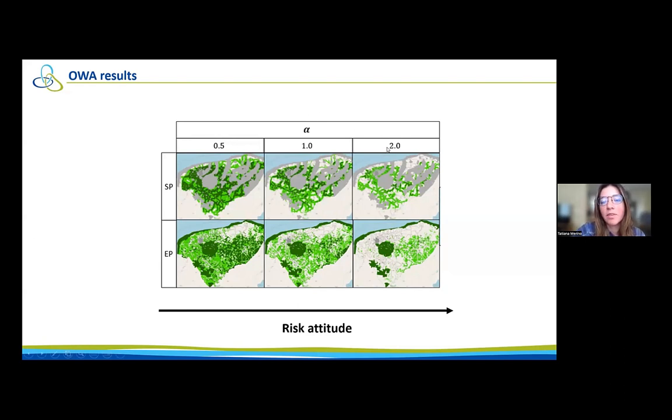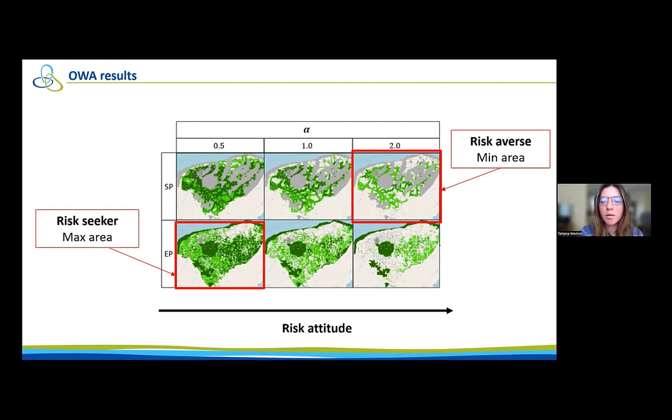And the scenarios of the risk averse attitude were the ones obtained with the alpha of 2. But since we were looking for the optimal locations for swine plants while minimizing the environmental conflicts, we decided to select the risk-averse scenario for the swine plant and the risk-seeker scenario for the environmental protection.